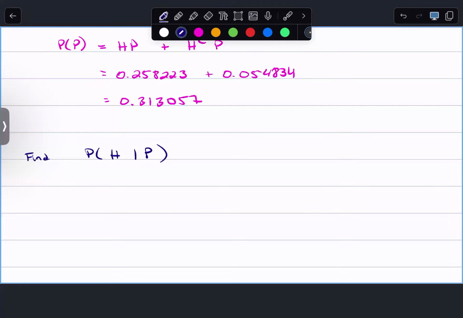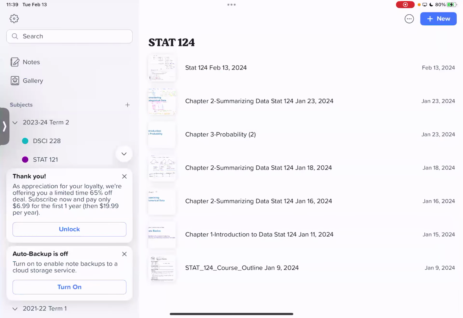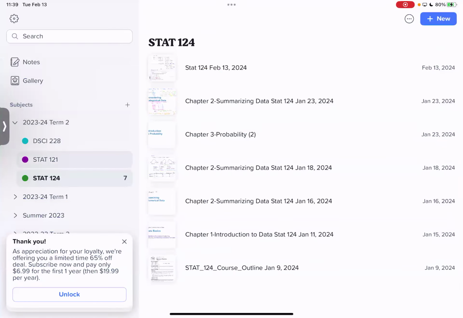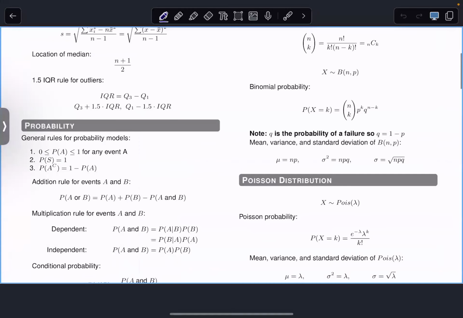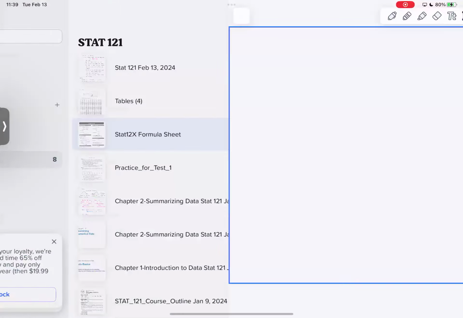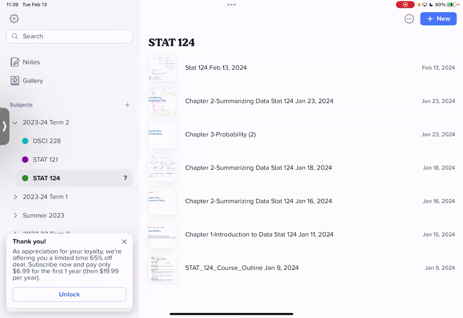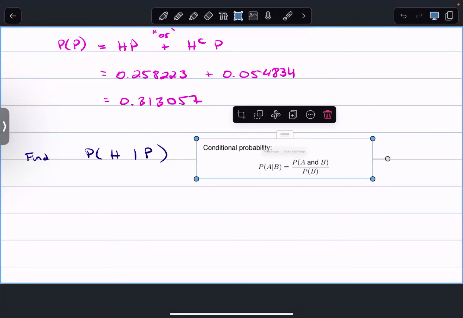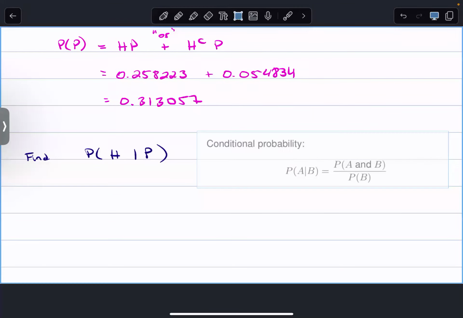What can I do now? From our formula sheet, let me grab it. I have conditional probability down here. So I'm going to map these. Or if you just prefer to read it as the first one and the second one divided by the second one, that's what this formula is telling you.